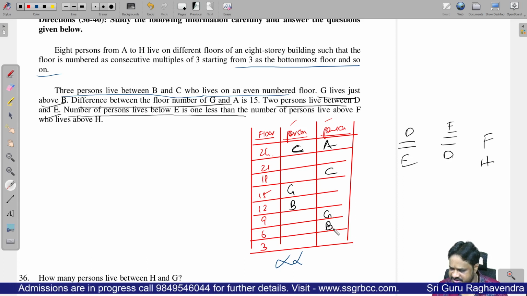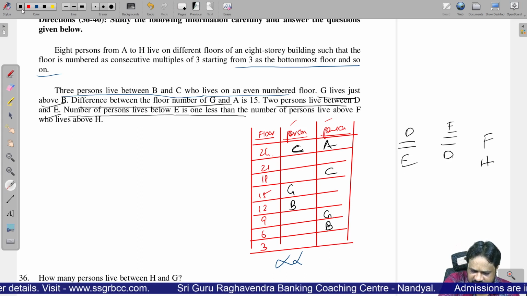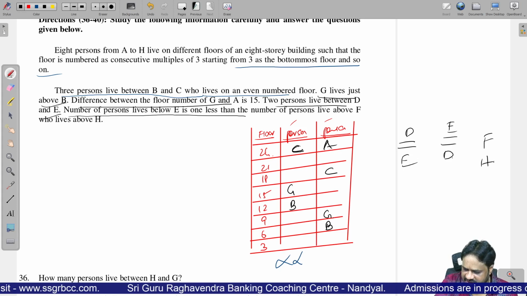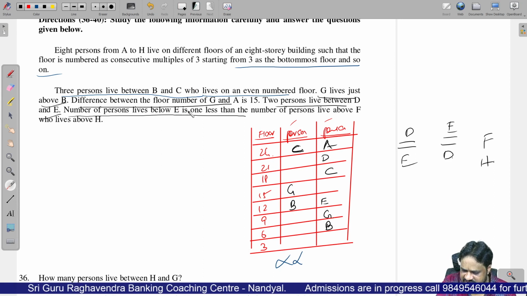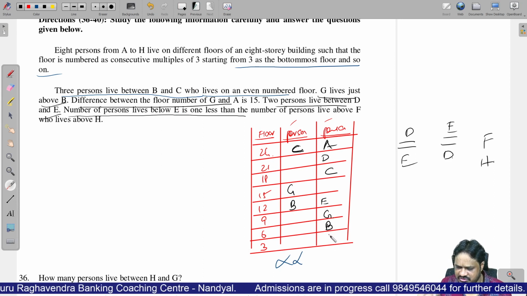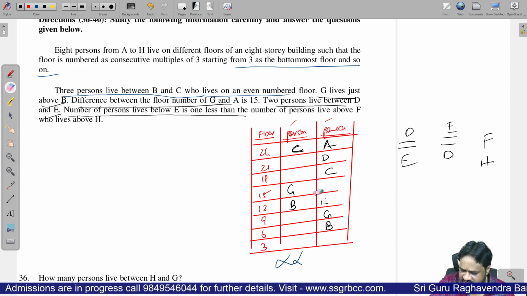Suppose I take D here, two gap, E. Number of persons living below E: 1, 2, 3. It should be 1 less than the number of persons above F. So above F there should be 4, but if I write F here, this is also 3. So this is definitely wrong. If I take E here, that is definitely wrong.